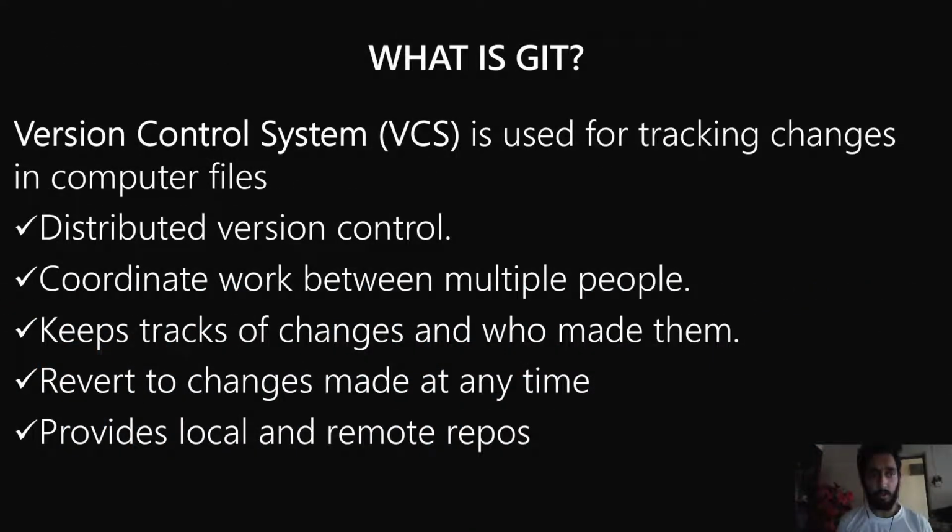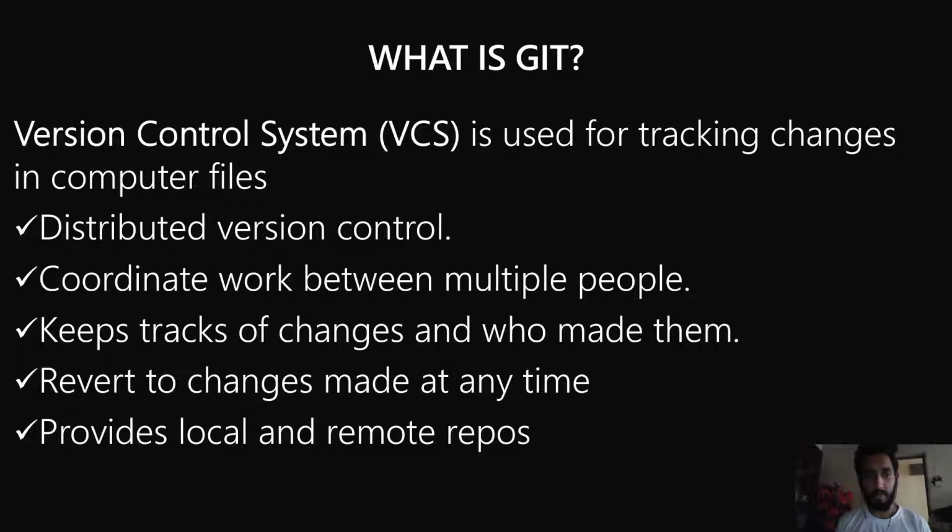What is version control? Version control is a system used for tracking changes in your computer files. It doesn't depend on any language or framework. For example, you can use it for Java or Python, for dynamic or static web pages.